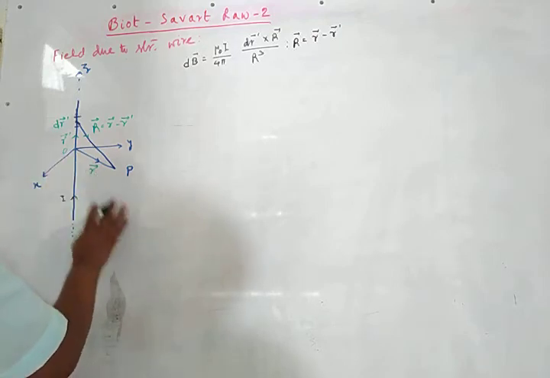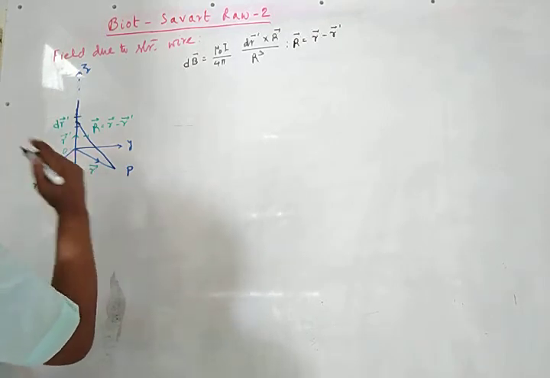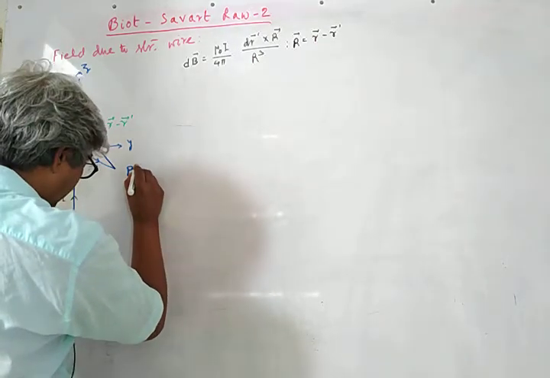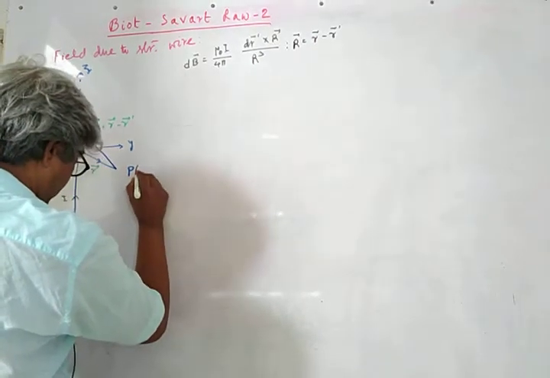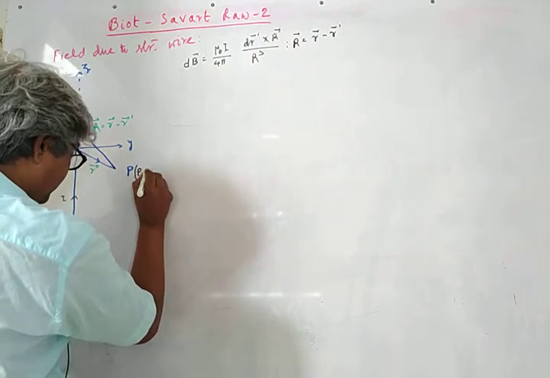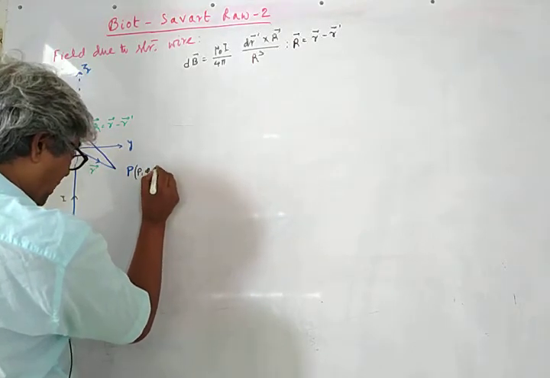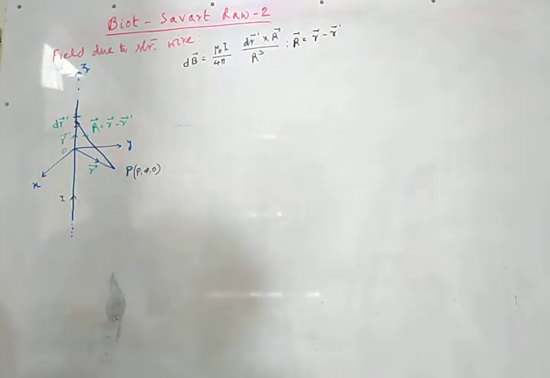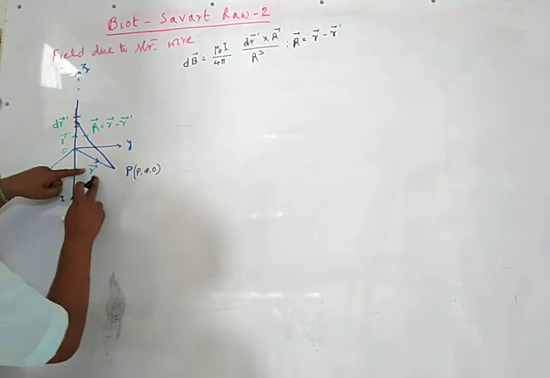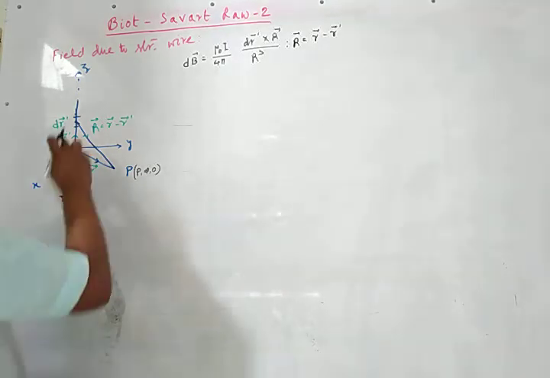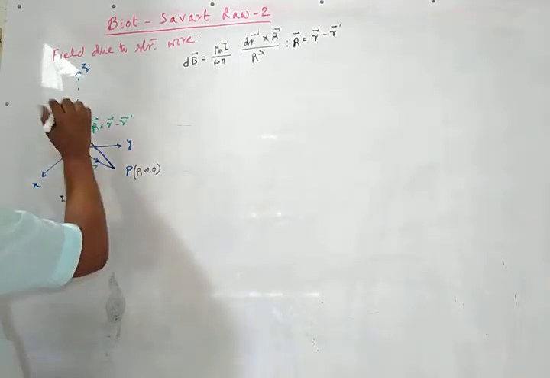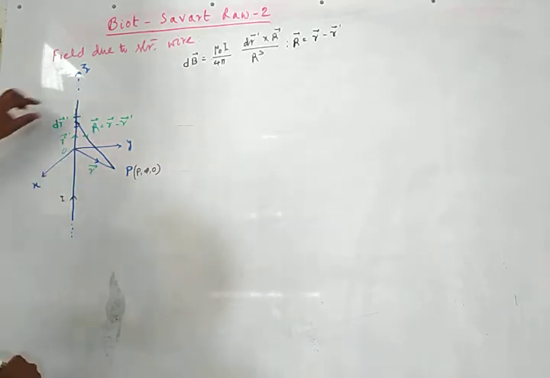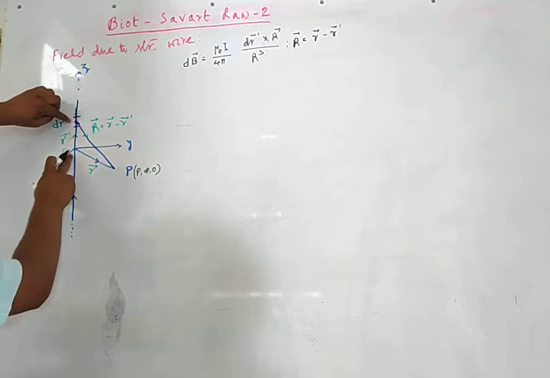So we consider the point P to lie in the xy plane, so that as per a cylindrical coordinate system, the coordinates of the point are rho, phi, 0. And the position vector is given by R, and this is a current element dr prime which is at this distance.